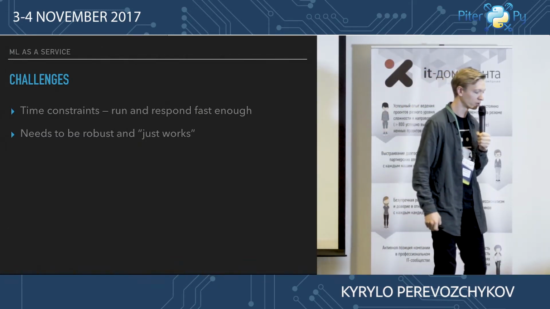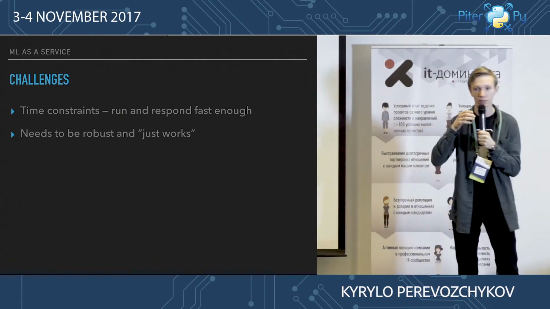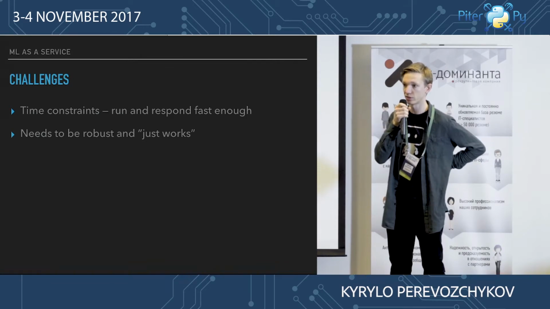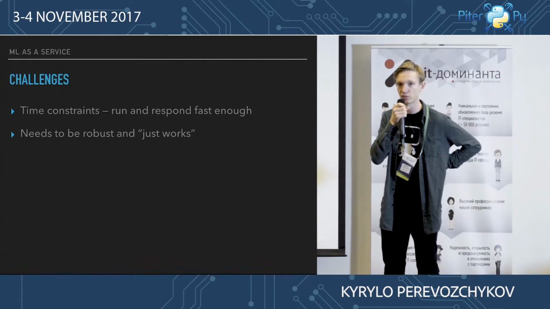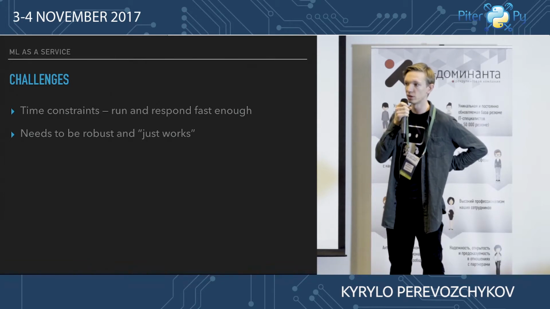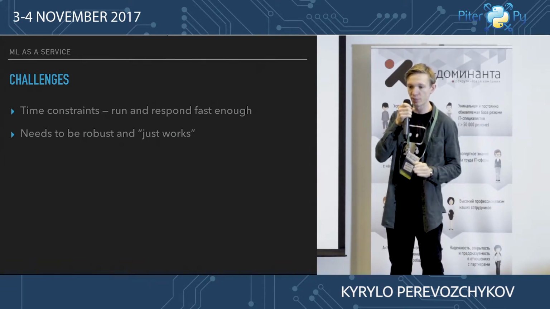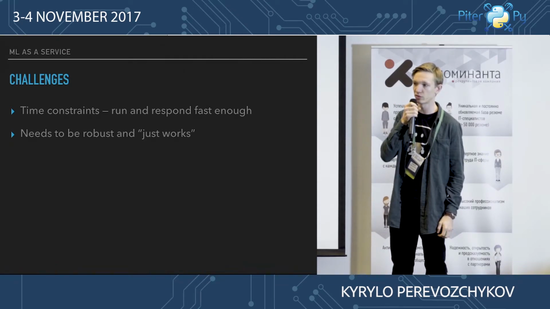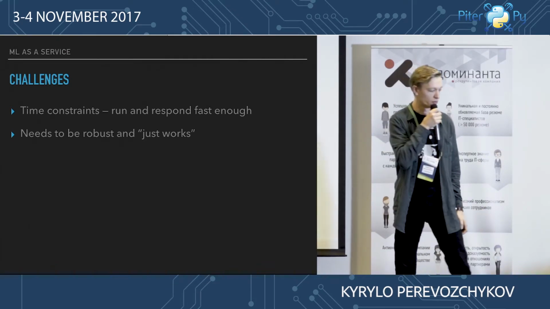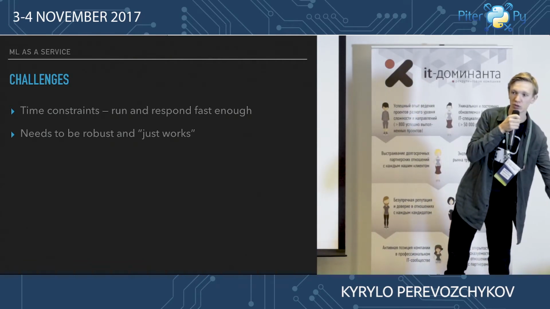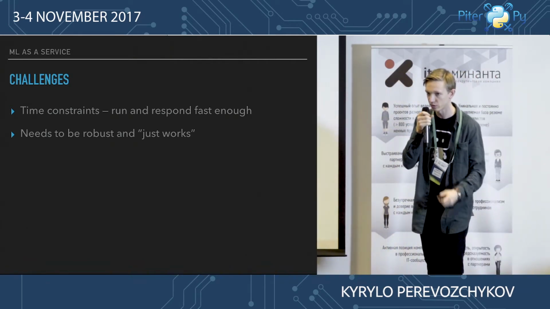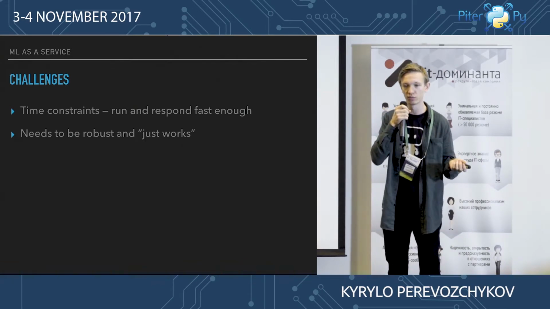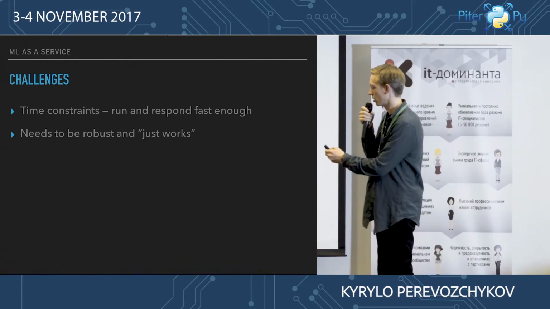And the second point is that for major businesses, the typical users of our service or of the service that you may build using prediction models are very big companies which a priori believe that your product should work. If it doesn't work, they wouldn't deal with you. It means that they should get a high reliability product out of the box. And this is the way it should be as far as they believe.